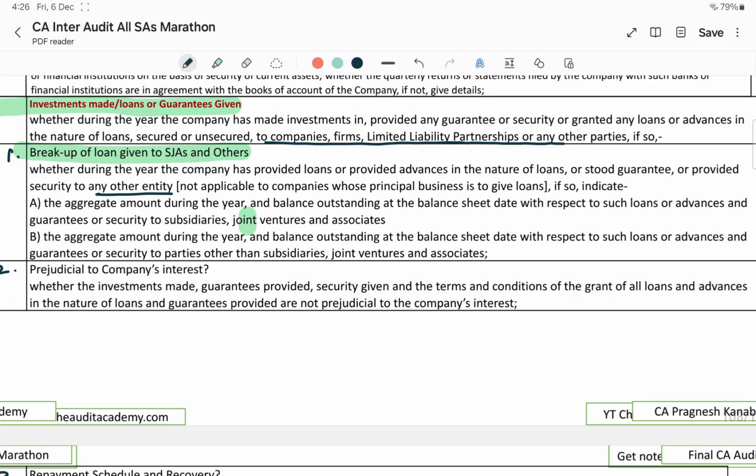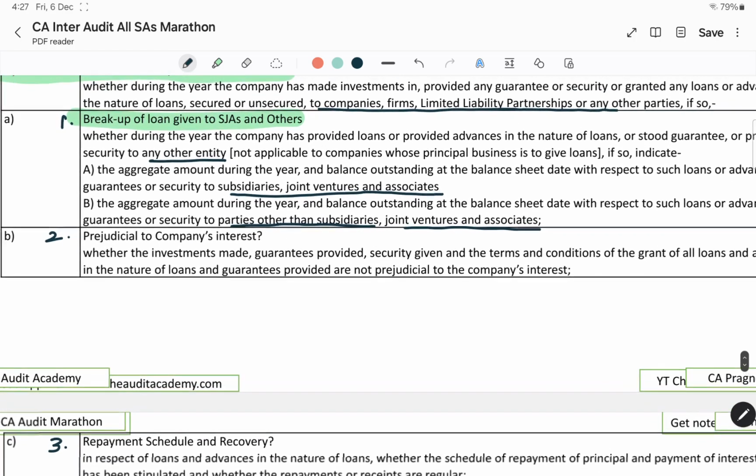If so, indicate the aggregate amount during the year and the balance outstanding at the balance sheet date with respect to such loans or advances, and the guarantee or the securities to subsidiaries, joint venture, and associate. The aggregate amount during the year and the balance outstanding at the balance sheet date with respect to such loans or advances, and the guarantee or security to parties other than subsidiaries. Here it is subsidiaries, joint venture, and associate. Here it is the parties other than subsidiaries, joint venture, and associate.